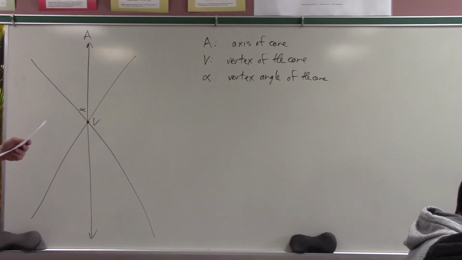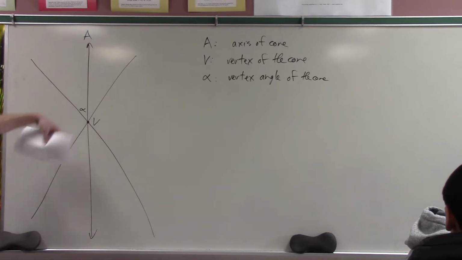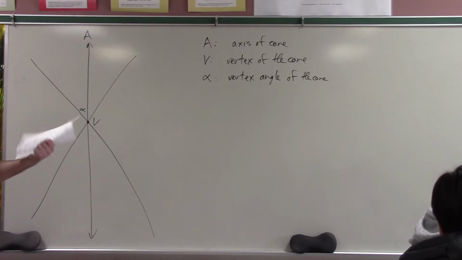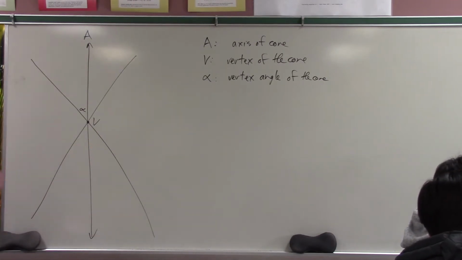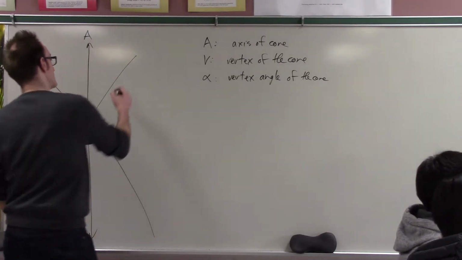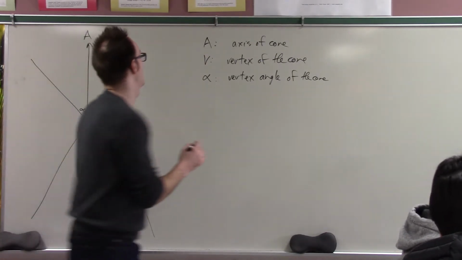What comes next? We have these lines, as you were saying. We have so-called generating lines. What is G?